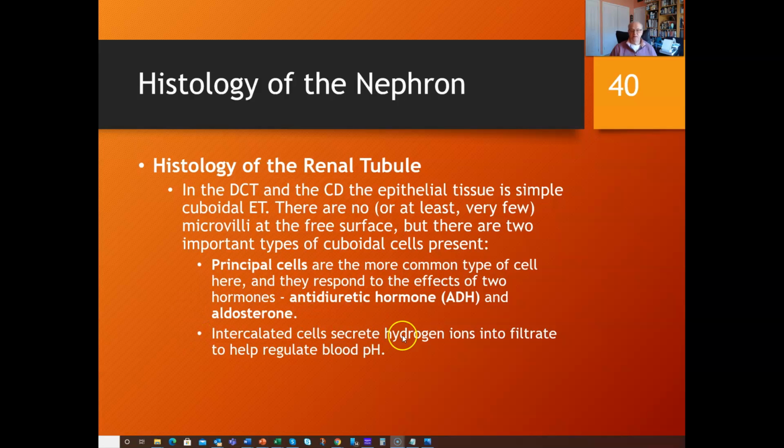And intercalated cells, which secrete hydrogen ions. Hydrogen ions, if you're secreting them, you're increasing the pH of the blood, because you're getting rid of acidity. Okay, so you can adjust the pH of the blood by adjusting how many hydrogen ions you're secreting.